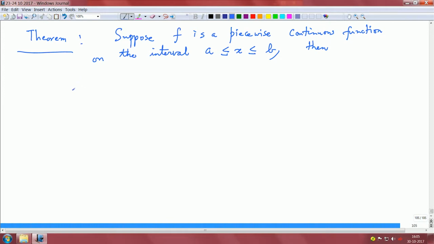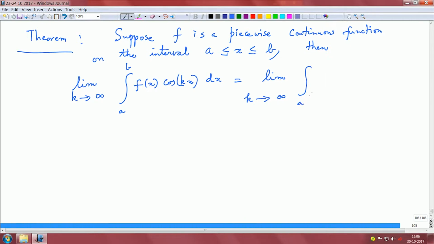Then the limit as k goes to infinity of the integral from a to b of f(x) cos kx dx is equal to the limit as k goes to infinity of the integral from a to b of f(x) sin kx dx, and this is equal to 0.